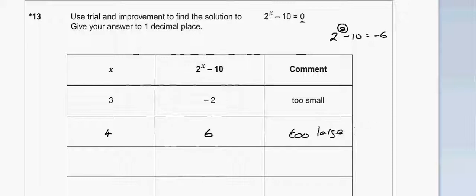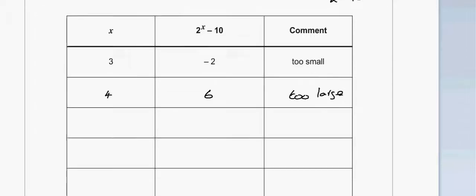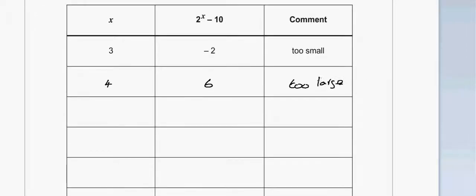Okay, and you can see it's just guess. That's all it is, guess. So this is close to 0. This is quite away from 0, so I would say that it's closer to 3 than it is to 4. This is just an educated guess. So let's say 3.2.